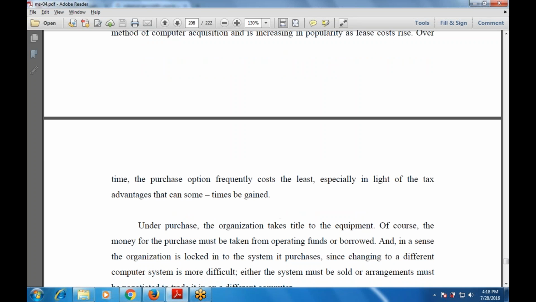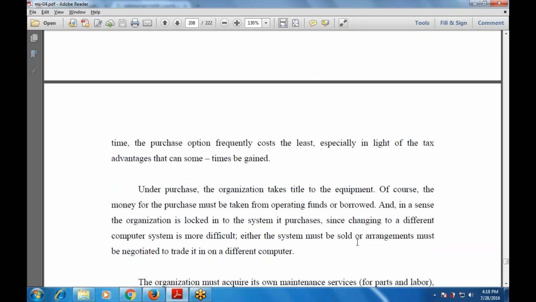Under the purchase, the organization takes the title to the equipment, and of course the money for the purchase must be taken from operating funds or borrowed money. In a sense, the organization is locked into the system it purchases, since changing to a different computer system is very difficult.